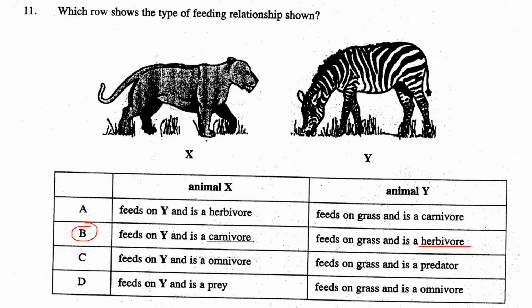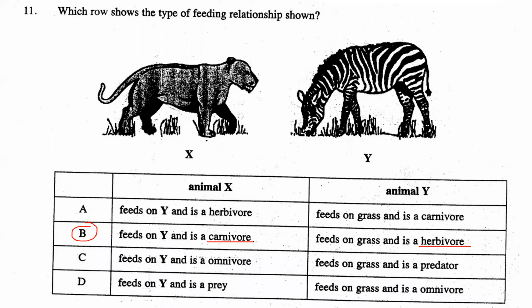Again, copy this down for me, please. So animal X feeds on Y, and it's a carnivore.